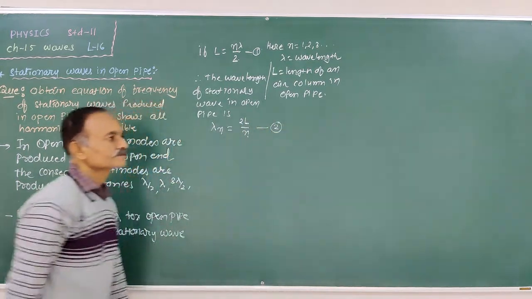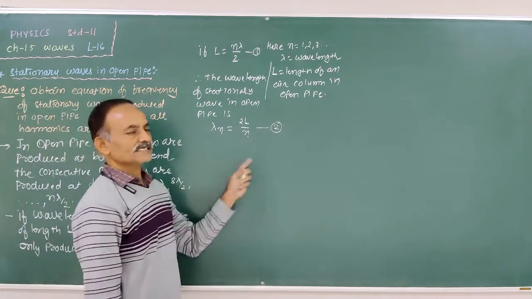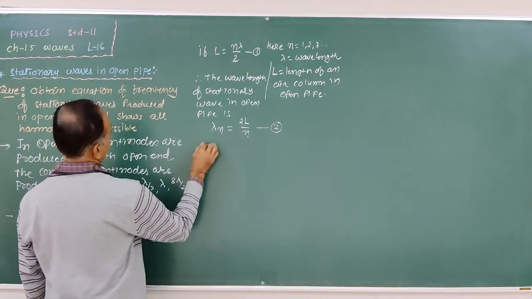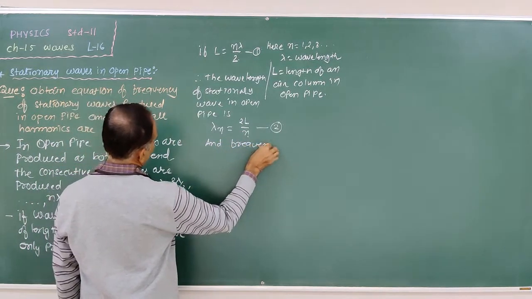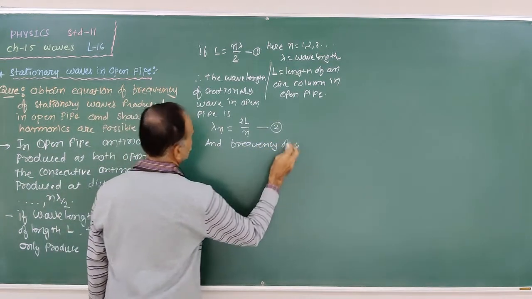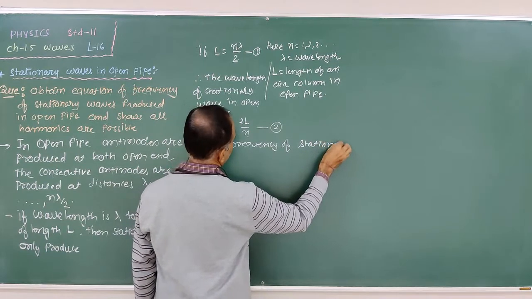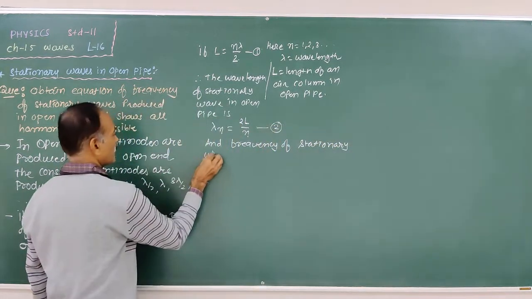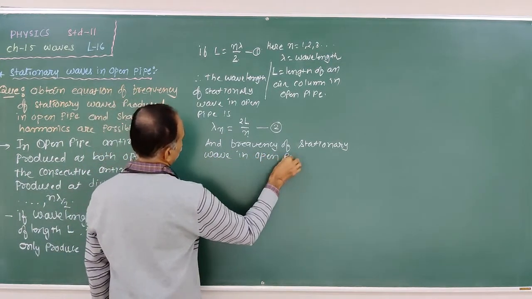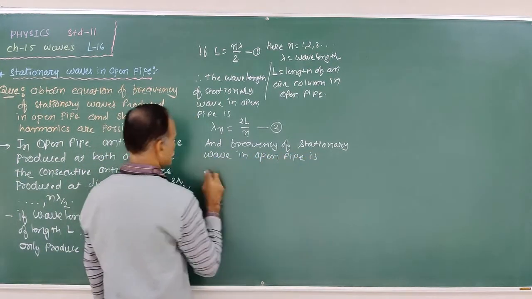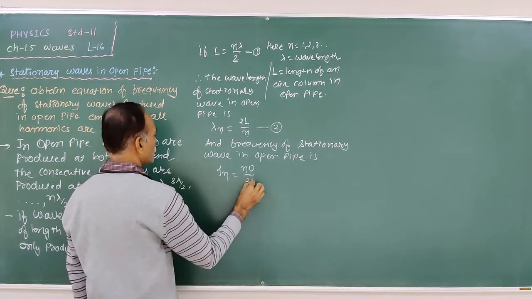And the frequency of the stationary wave in an open pipe is Fn is equal to nv upon 2L.